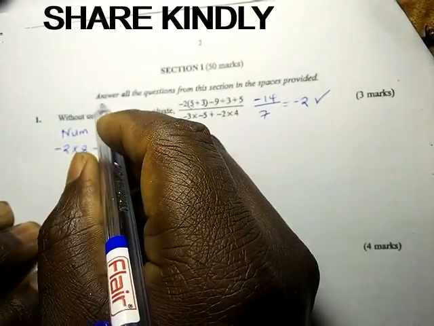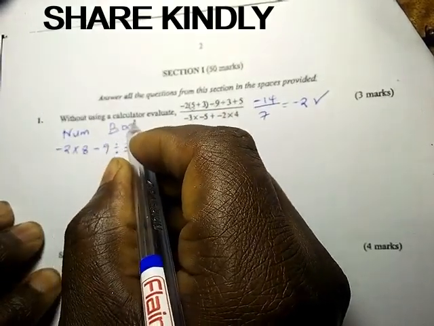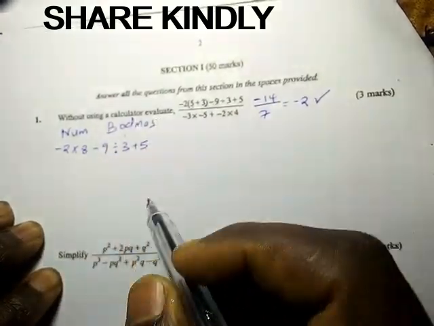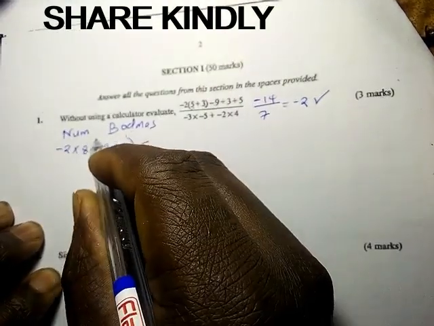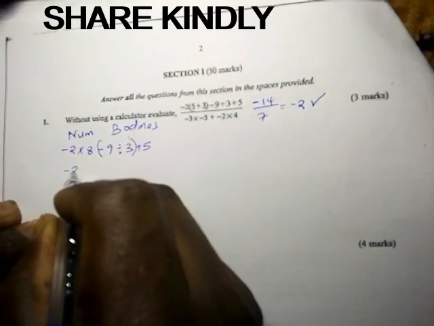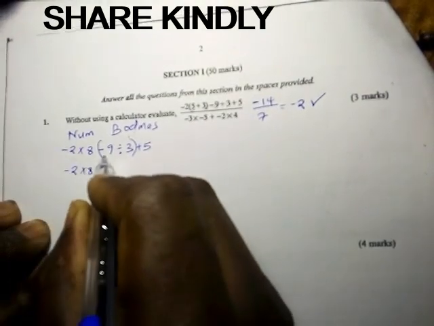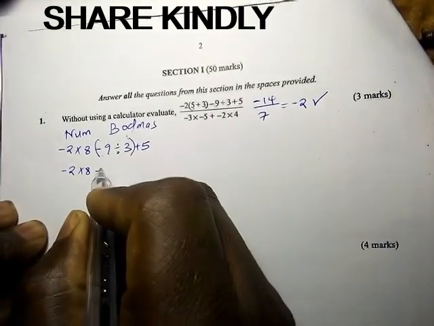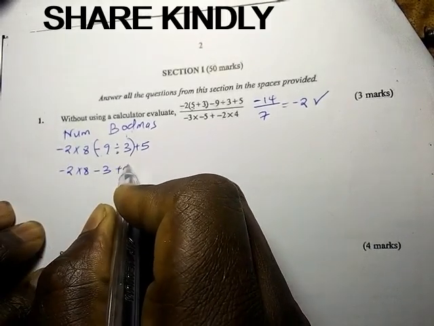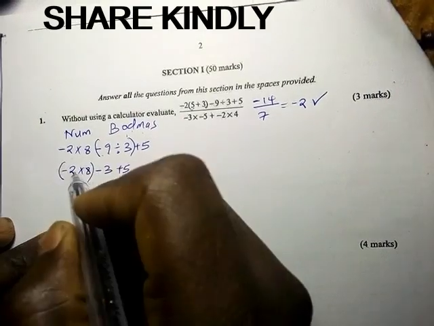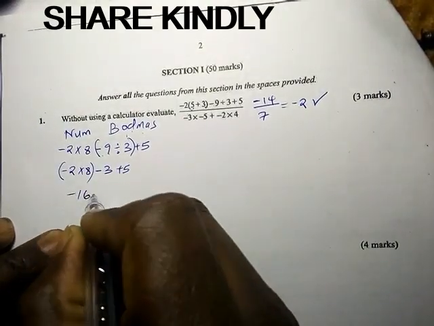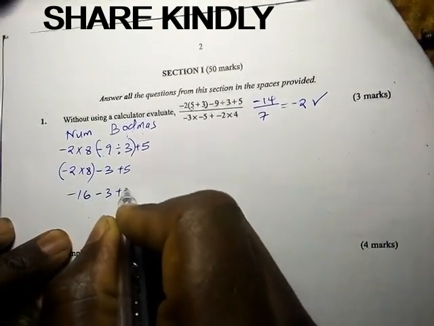The next thing, you must use BODMAS. From here, what follows in BODMAS is division. So the division is here. It will be negative 2 times 8, and negative 9 divided by 3 is negative 3, plus 5. Next is multiplication, which gives negative 16 minus 3 plus 5.